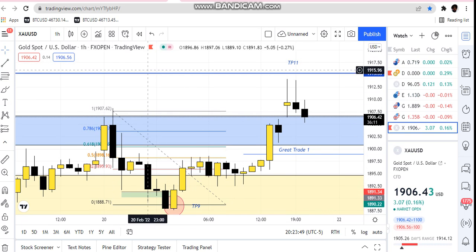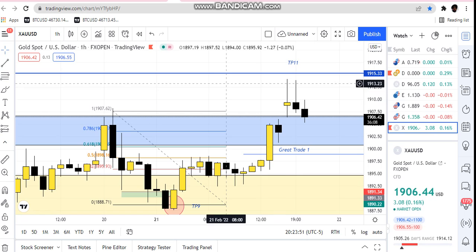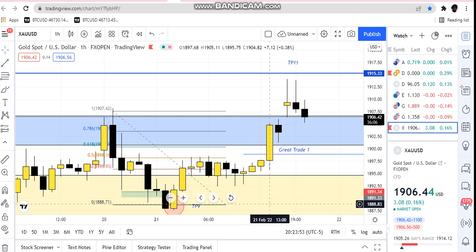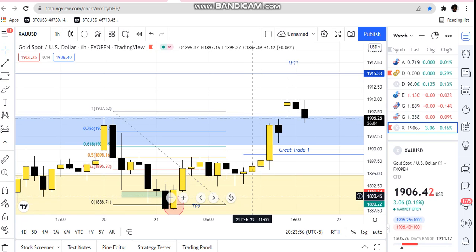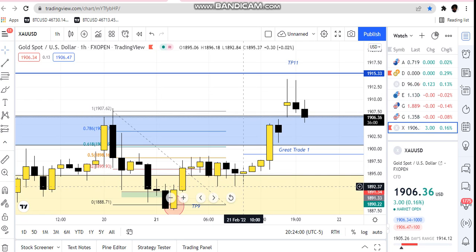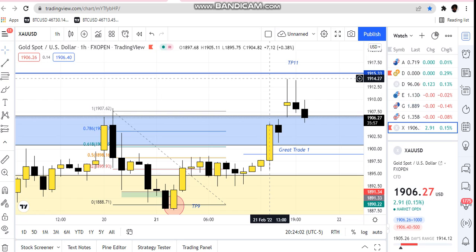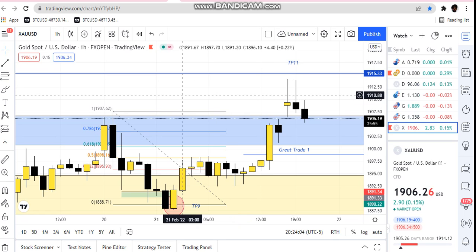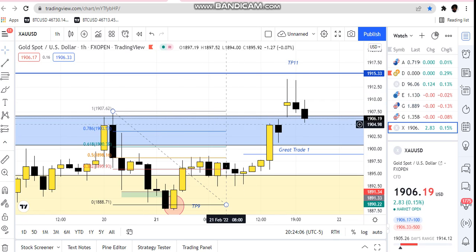Two things we could have done in this trade. As soon as we saw price reverse off of 0 and start heading back up, we could have gotten in for a buy and rolled it from 1892 all the way back up to 1914. Or we could have waited.